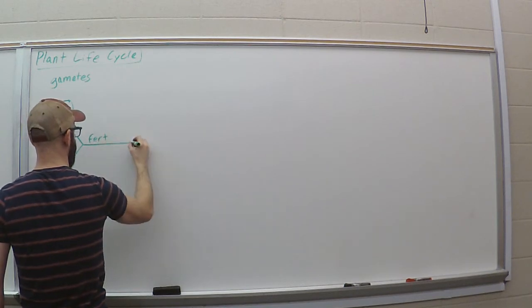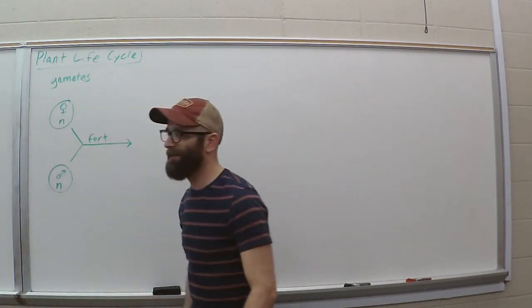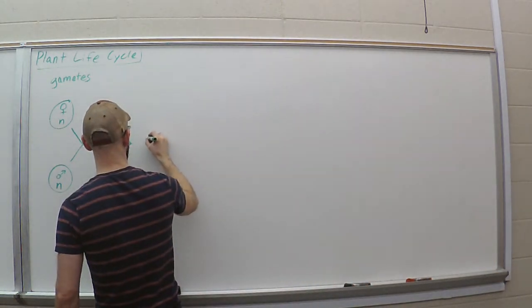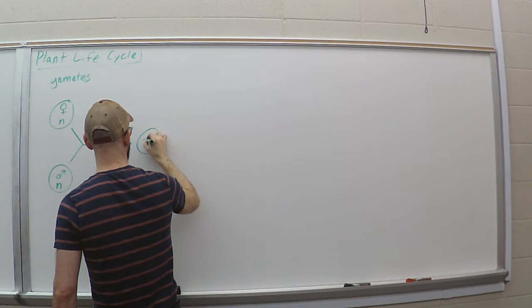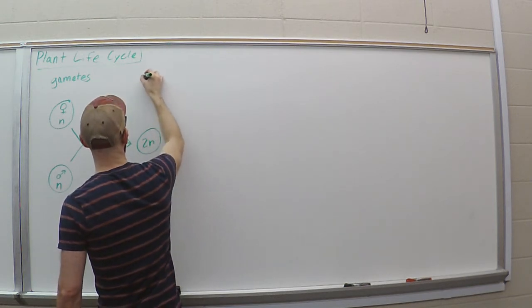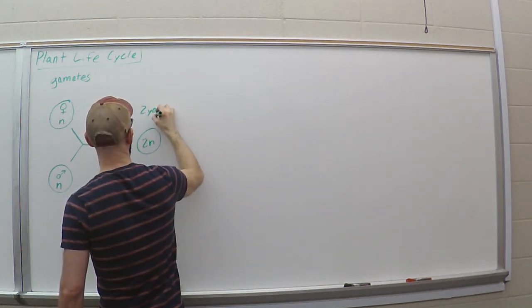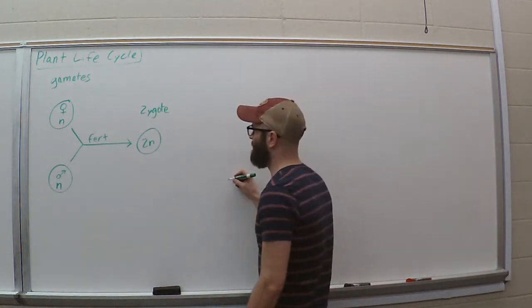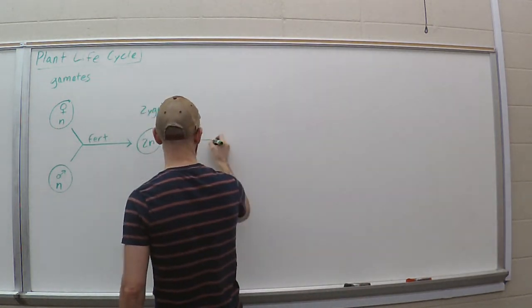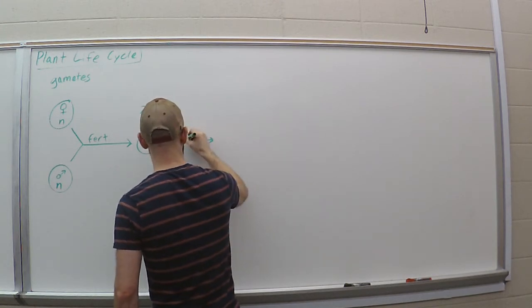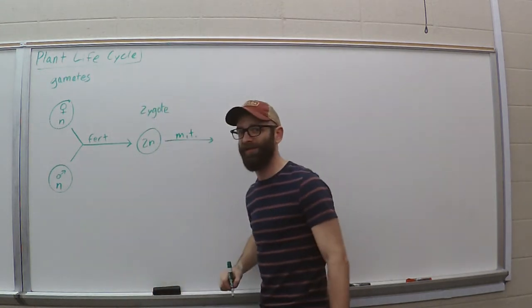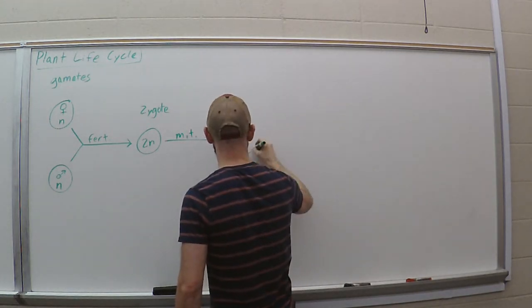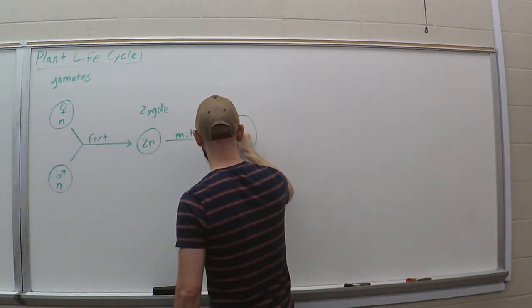And again, these gametes can fertilize to create a zygote. And that zygote will divide via mitosis to produce a multicellular diploid organism.